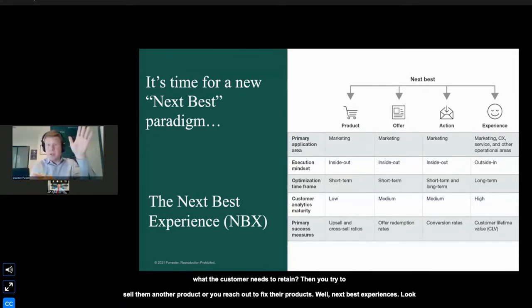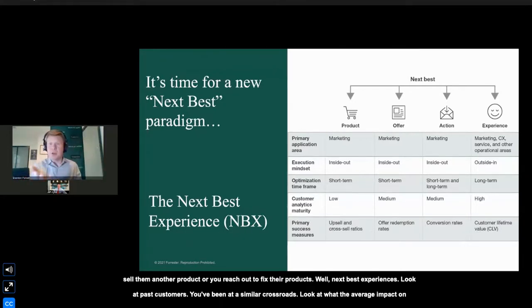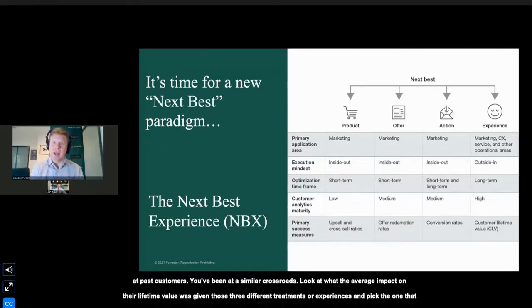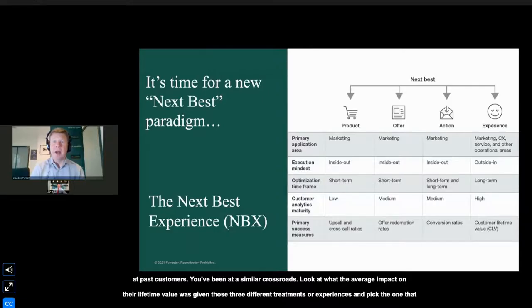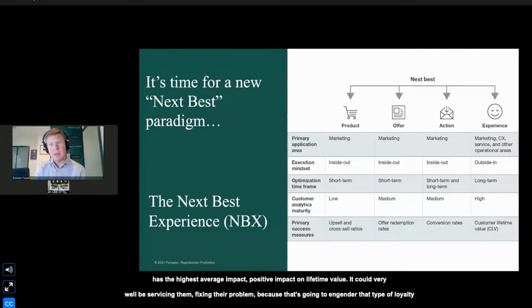Look at what the average impact on their lifetime value was given those three different treatments or experiences, and pick the one that has the highest average impact, positive impact on lifetime value. It could very well be servicing them, fixing their problem, because that's going to engender the type of loyalty that will encourage them to increase their footprint and therefore their lifetime and lifetime value.